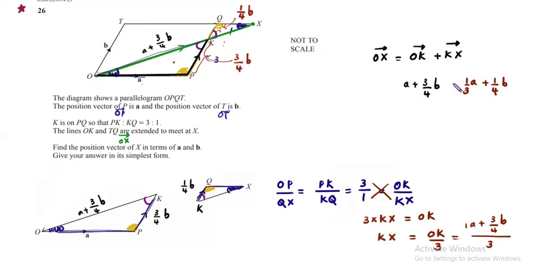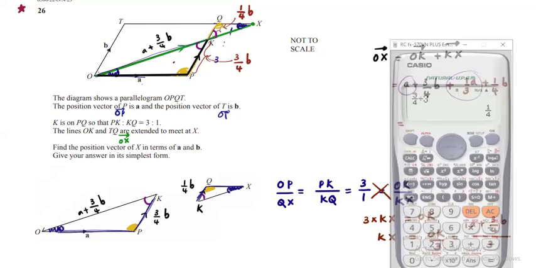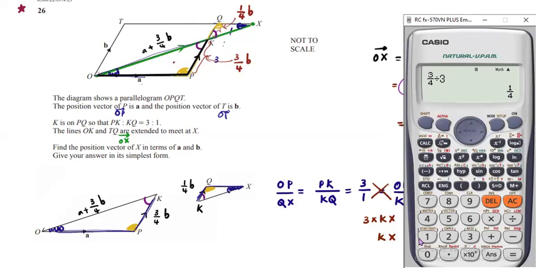Now I need to add these two together to find what OX is, which will be the position vector of X. I have A here, and I have 1/3 A. 1A and 1/3 A, so 1 is a whole number. 1 whole and 1/3 is going to be 4/3. So I can put it in the calculator and show as well.